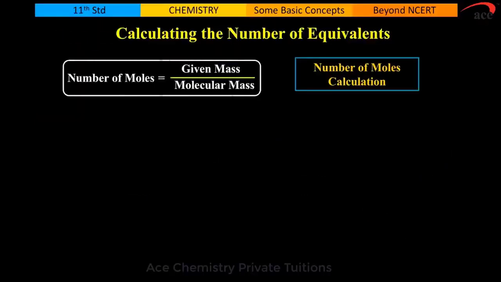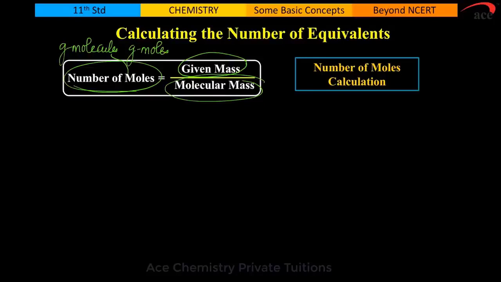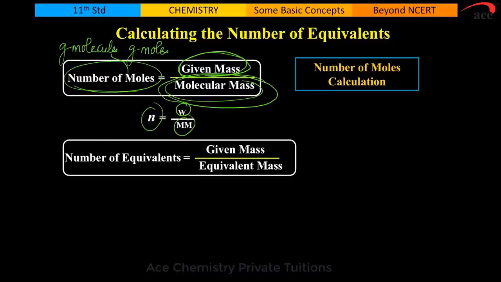Coming to the next one, calculating the number of equivalents. If you take a mass and divide by molar mass, we get moles. You know, moles are also called gram molecules or gram moles.